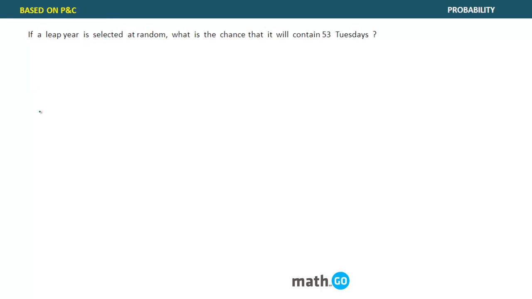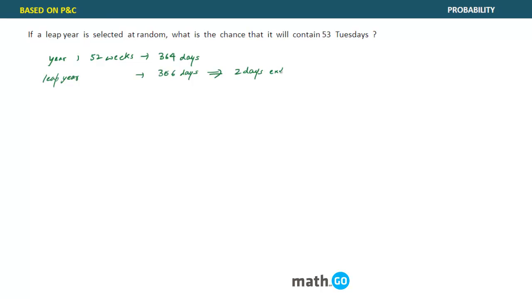So if we talk about a year, a year has 52 weeks, which reduces to 364 days. And in the leap year, the special case, it has 366 days, so this implies 2 days extra.